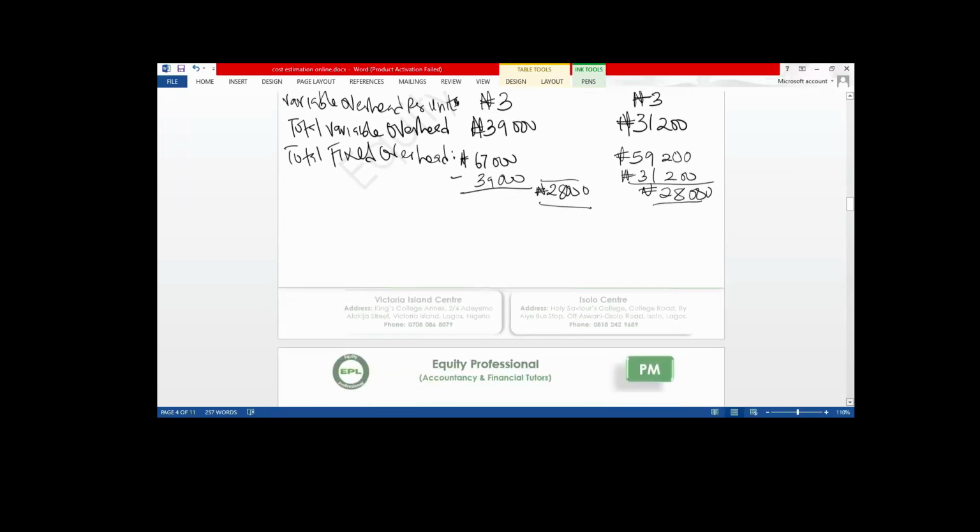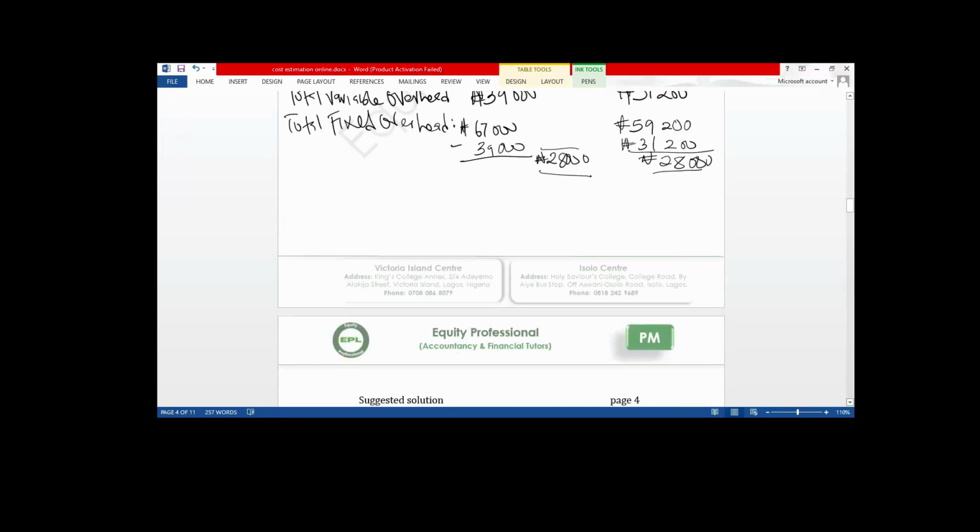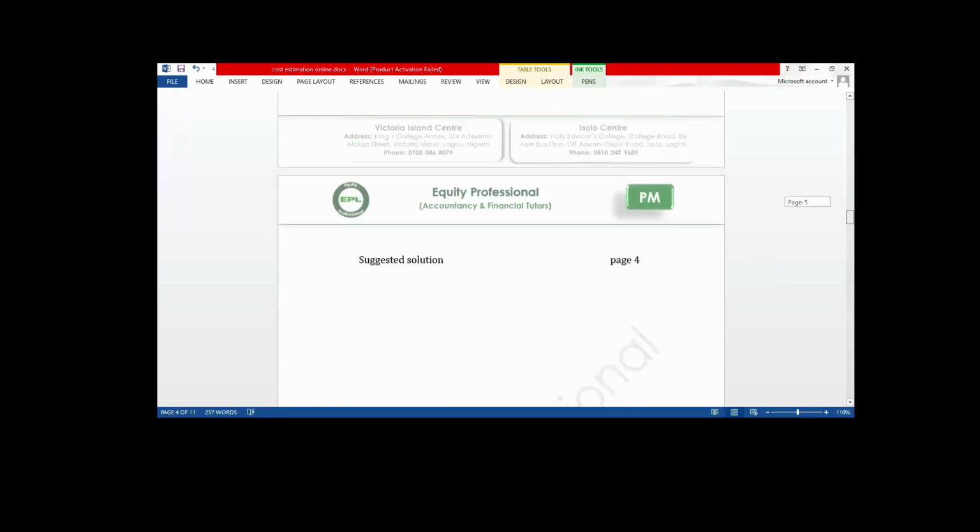You know what the examiner said we should do is to prepare the statement of expected marginal cost, contribution, and profit. Without doing this work, you can't prepare that statement. It won't fly.